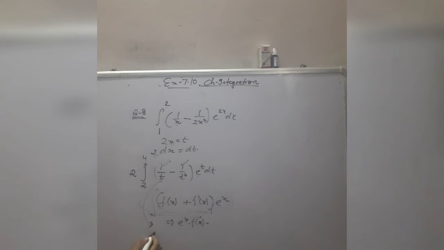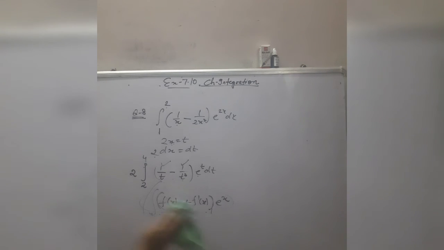So the integration of this function will be e raised to power t into 1 by t. After that this constant term remains as it is, and you will put upper limit minus lower limit, and when you simplify it, you will get the answer. The answer will be e square into (e square minus 2) by 4. So this is question number 8.